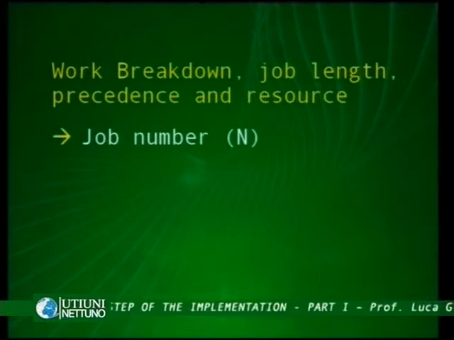So we have the job number, which means that each job is going to be coded with a specific number. The job number is made of a specific set of digits and subdigits that explain the hierarchy relations among tasks and subtasks.